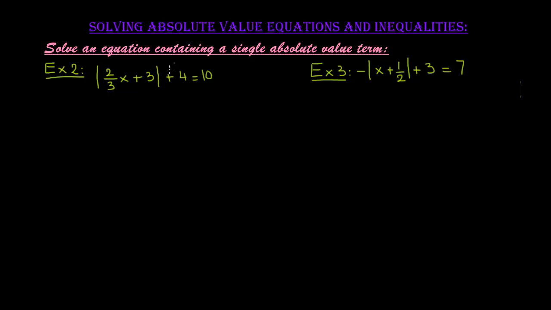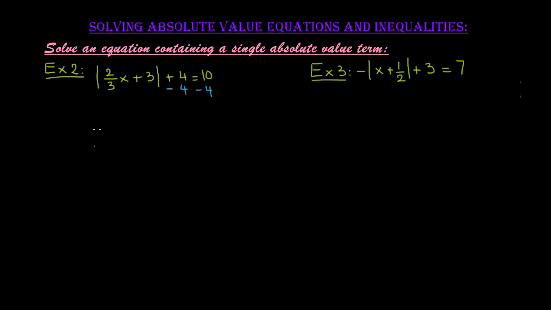First of all, when solving, we want the absolute value to stay by itself on the left side without any number in front or behind it. So the first thing I have to do is isolate the absolute value by moving 4 over. Always set the absolute value by itself.